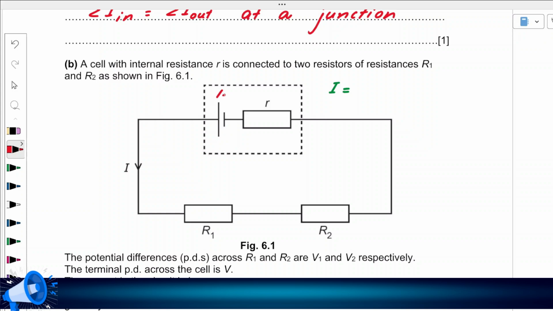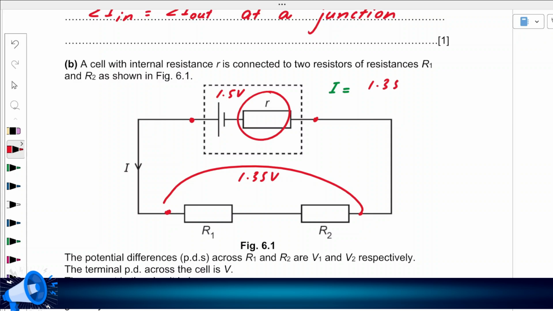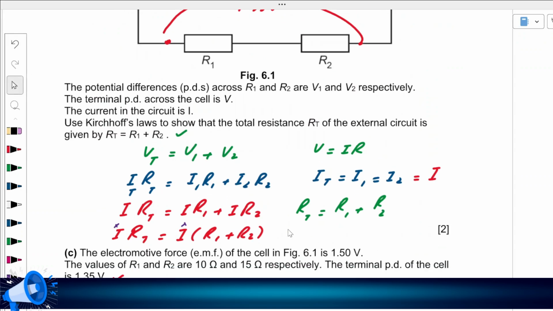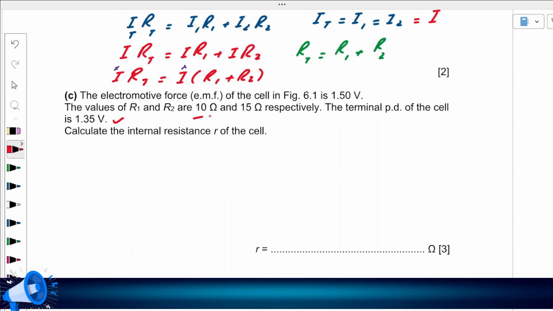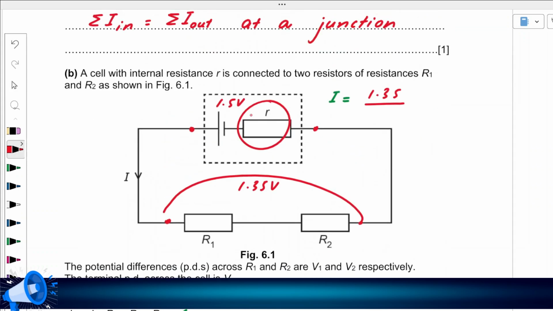The actual EMF was 1.5. Some of the voltage is dropped over here, and the leftover voltage is 1.35, across both of them collectively. So current equals voltage divided by the total resistance of these two, which is 10 plus 15, 25. So what is the current in the circuit?